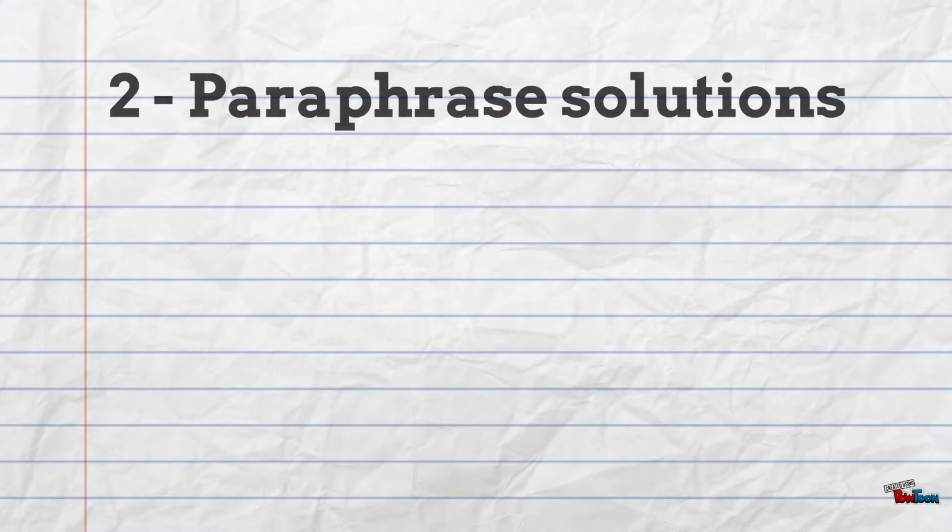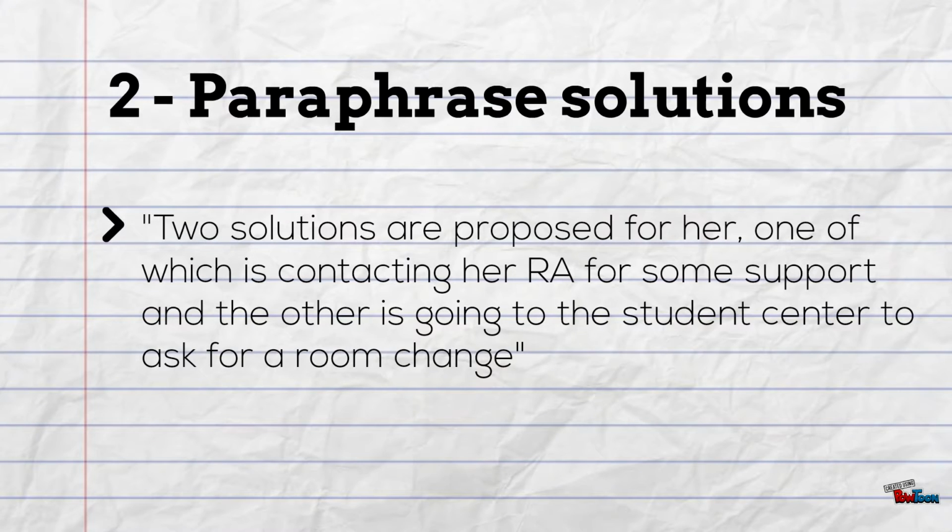After that, you should paraphrase the solutions offered, and this is a good way to do so. Two solutions are proposed for her, one of which is contacting her RA for some support, and the other is going to the student center to ask for a room change. Again, a big part of the sentence could be used in any other example.